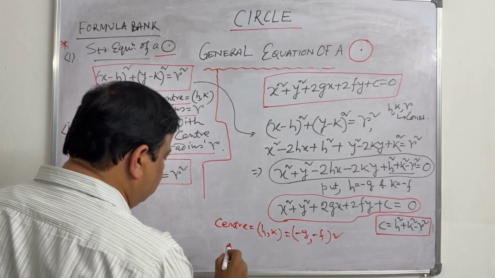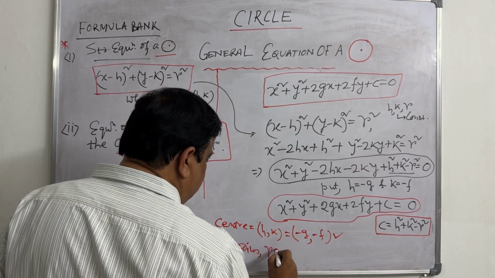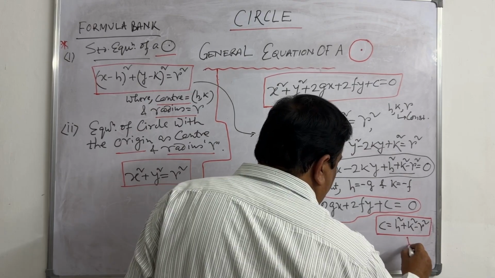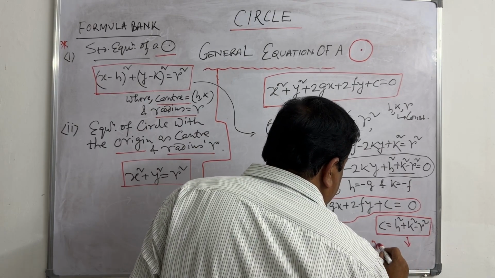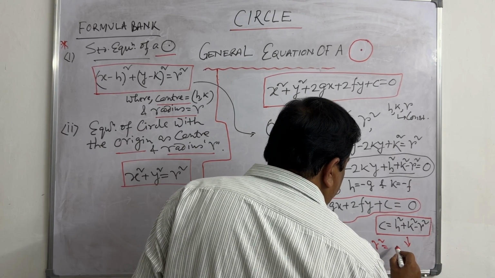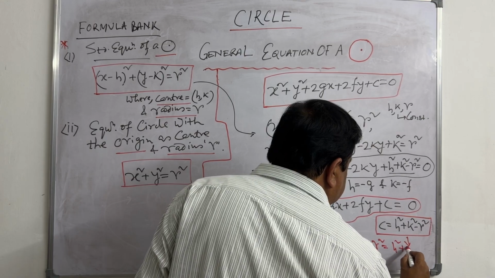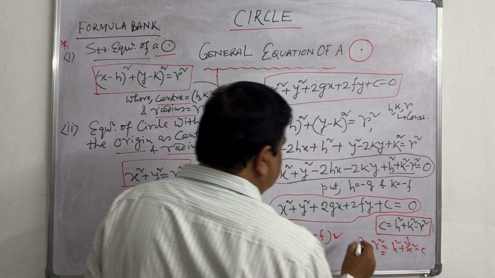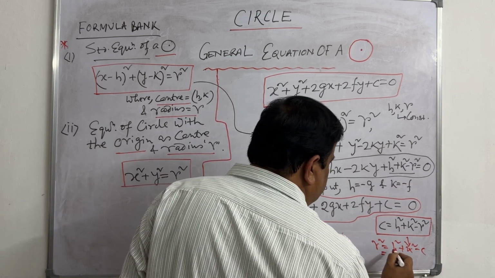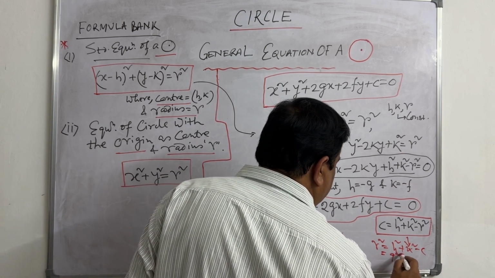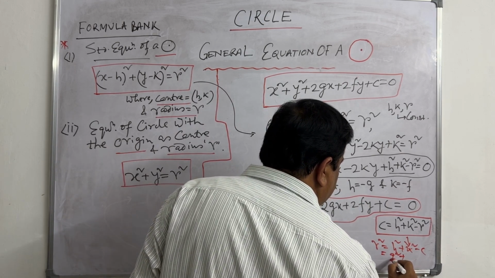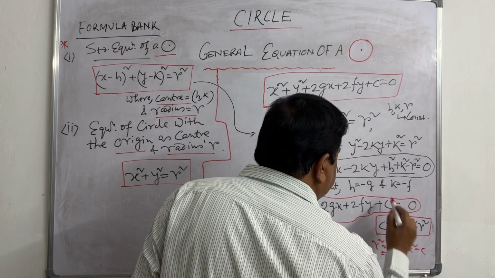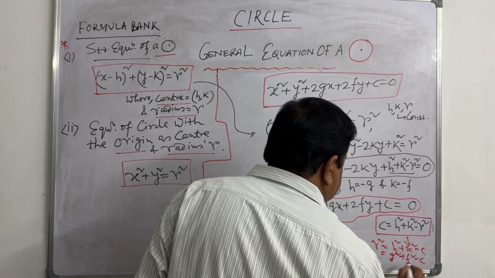And what about the radius? That is r. From here you can write r square is equal to h square plus k square minus c. And what is h? It is minus g. So minus g whole square, that is g square, plus k square is f square, minus c.